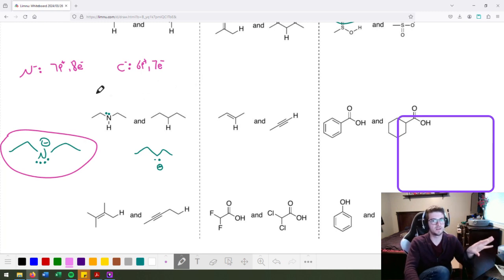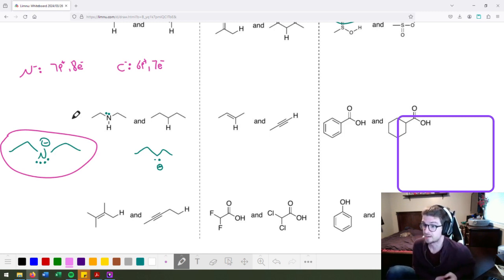So when we've got a negatively charged atom, the extra electron is being held quite loosely by the atom that we're talking about.